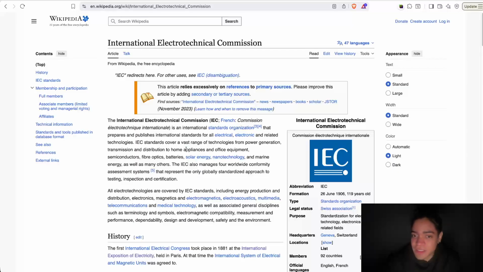In French it is the Commission Électrotechnique Internationale, or in other words, the International Electrotechnical Commission.